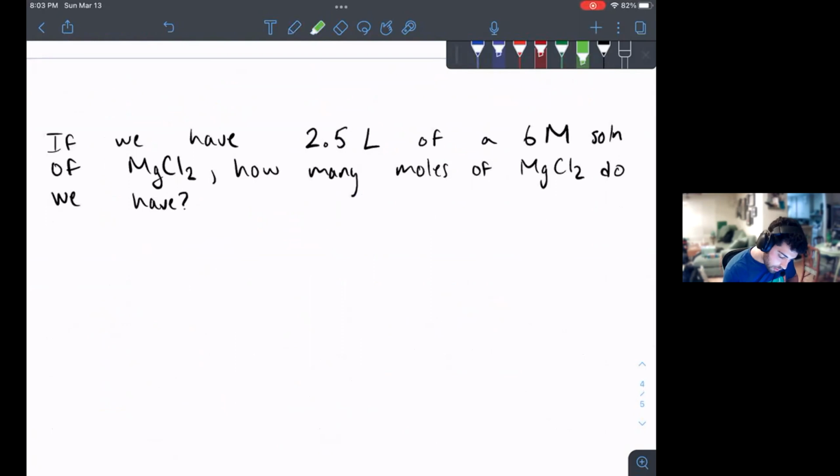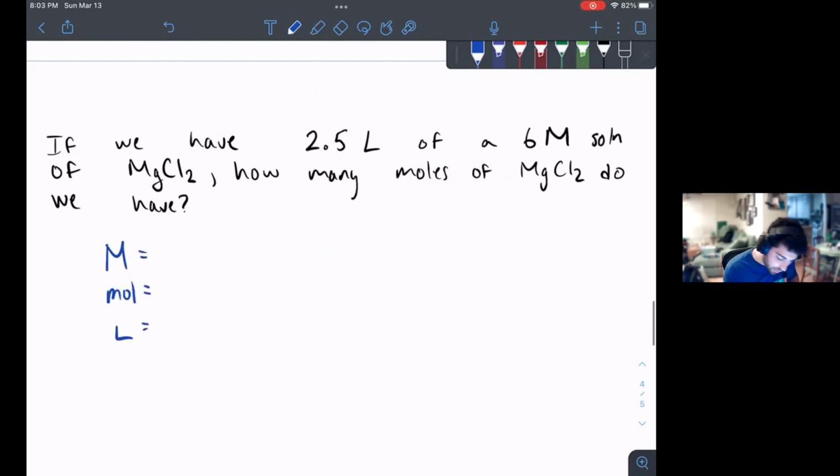And there's my answer. So we're going to try this again with one more sample problem, and then we're going to call it. So before I even read the question, I'm going to write M, mole, and liter, because that's what I want you to focus on. And as we read, we'll highlight. If we have 2.5 liters of a 6 molar solution of magnesium chloride, how many moles of magnesium chloride do we have? So we're actually looking for moles.